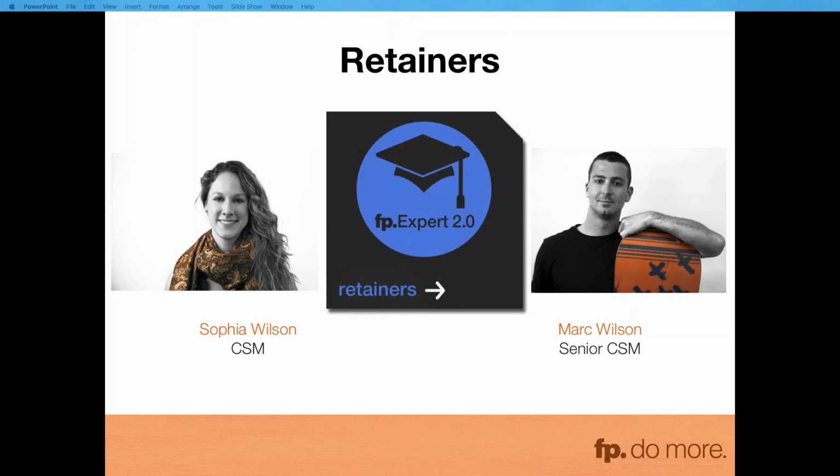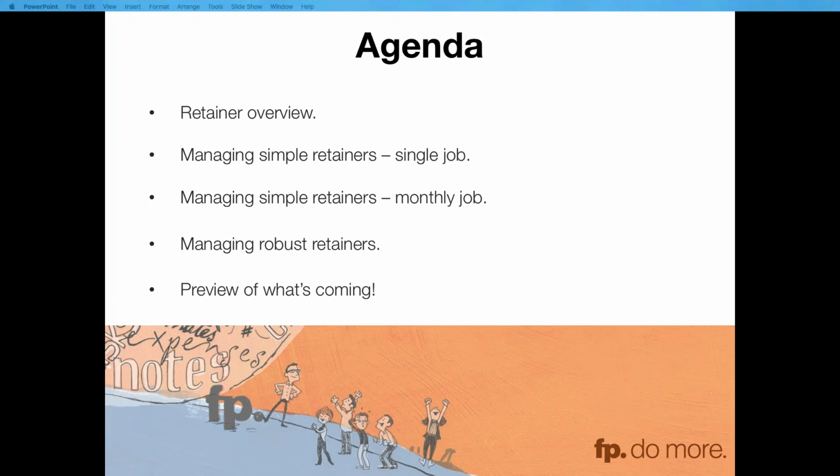Okay, cool. So our agenda today, again, talking about retainers. We're going to start off with just a good, simple retainer overview, the different types of retainers that we see our clients using within Function Point. Then we're going to go into the different types, so managing simple retainers. These are the types of retainers that just require one singular job within Function Point. We'll go into that in more detail shortly.